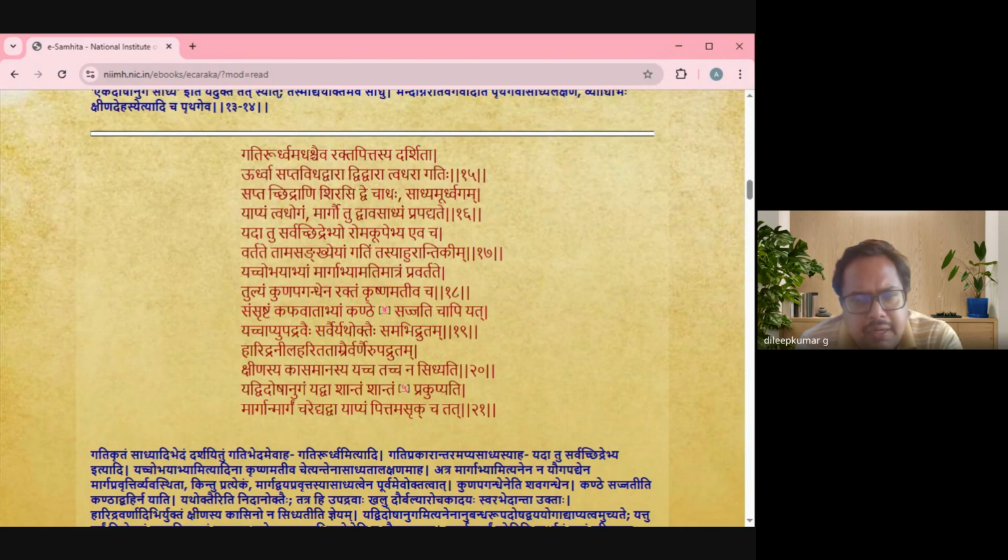When Raktapitta or bleeding occurs from all the Chidra, from all the Roma Kupa, then it is called Antikam. Antikam means almost equal to death. So severe form of hemoglobinopathies, severe form of clotting factor destructions, all this is considered as Asadhyam.